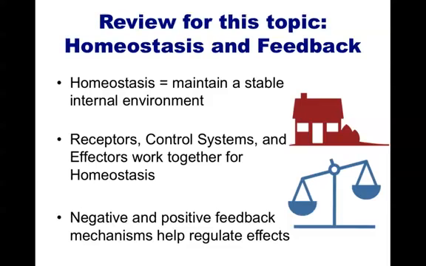In the examples we talked about, the skin detected temperature changes and the brain decided to either activate sweat glands to cool off or to activate shivering movements in the muscles to warm up. Your body usually maintains homeostasis by controlling different effectors in a negative feedback fashion, which helps conserve energy. Positive feedback is sometimes used for a fast and intense response, but it is not as common.